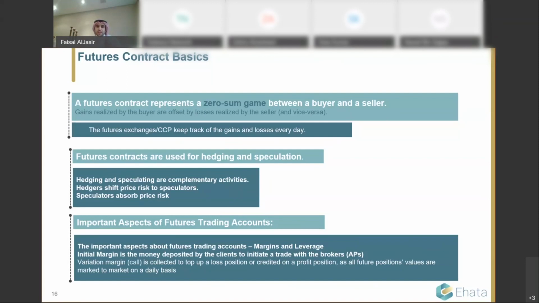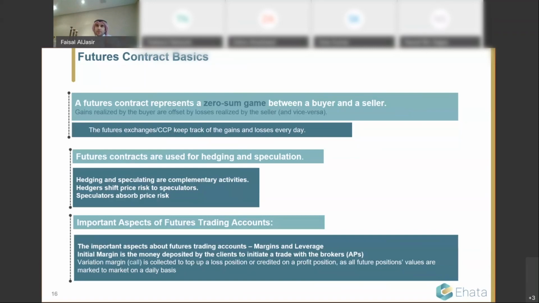An important aspect of futures trading accounts is margins and also leverage. The concept of margin is very important. This is the money that would be deposited to open a trade. And when we say open a trade, it means either you go long or you go short. Either you are a buyer or you are a seller. The initial margin is the amount you need to put in order to open that position.